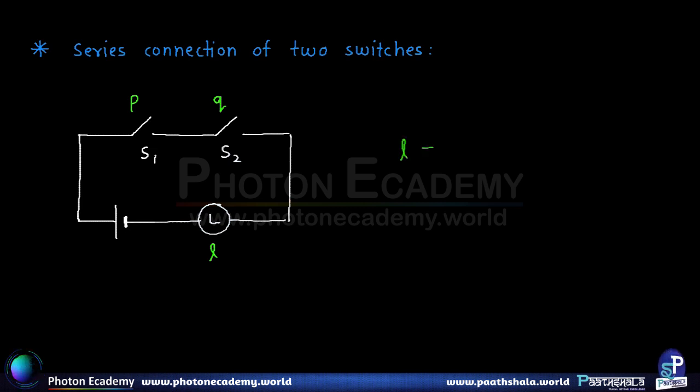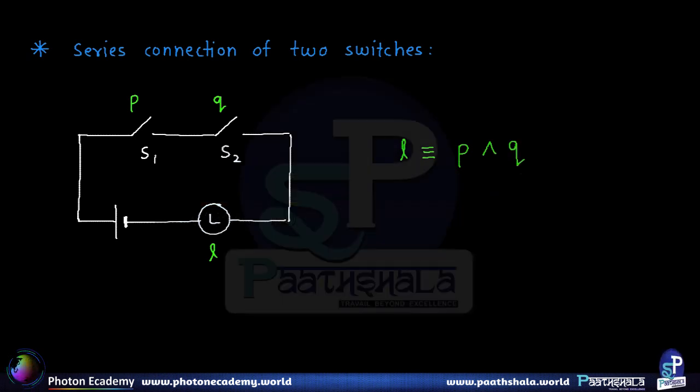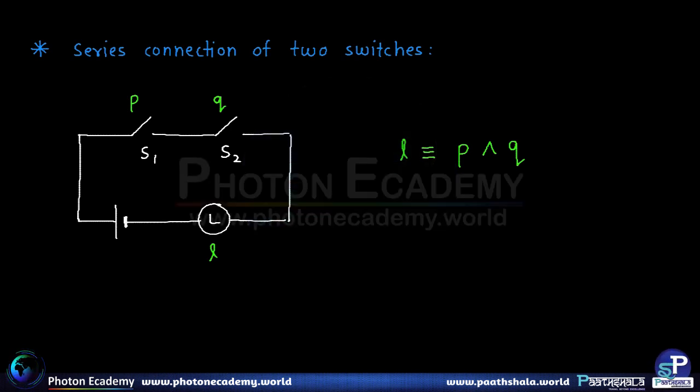So therefore the lamp state is analogous with the AND operation of P and Q, because in the AND operation we know that when both the values are true, only then the answer is true. So therefore here series connection is equivalent to the AND operation of the two individual switches.